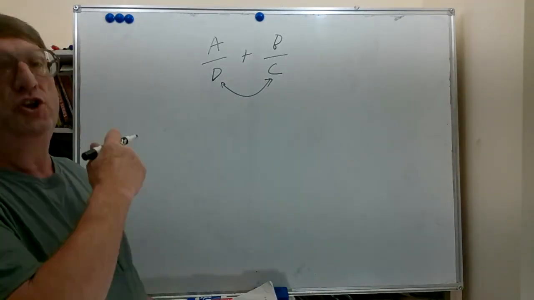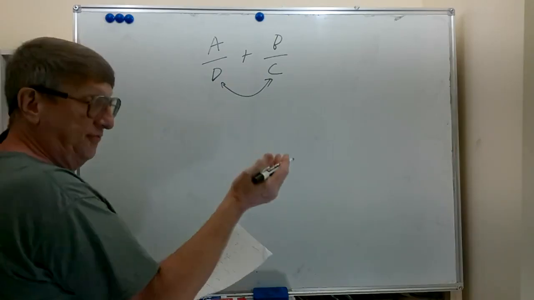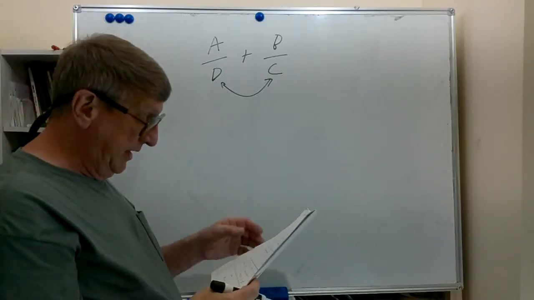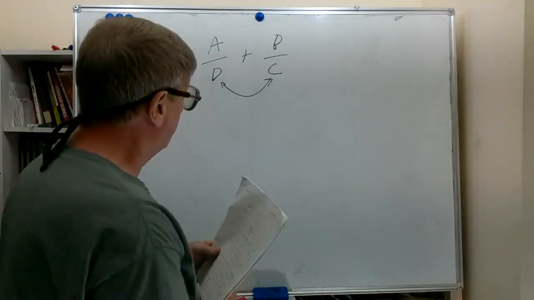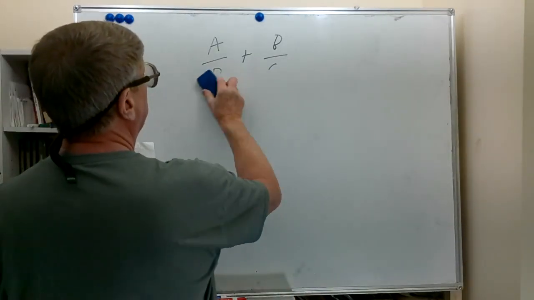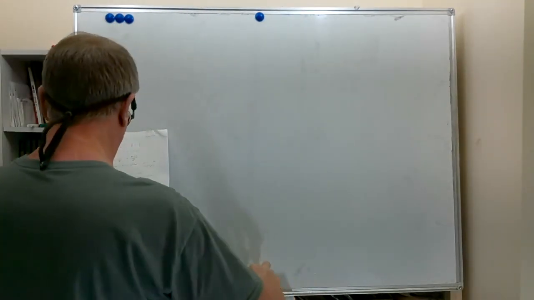Then we can add the numerators as we talked about a few minutes ago, and everything will work out just wonderful for us. So we'll do a few more examples.